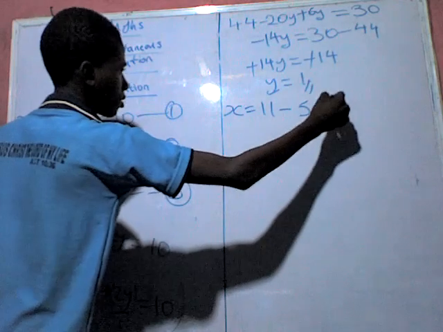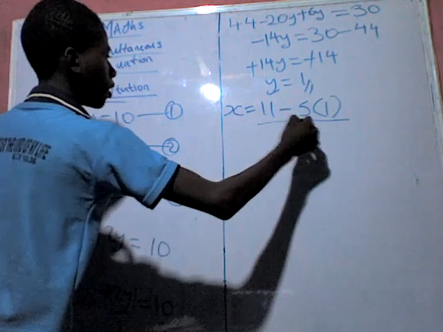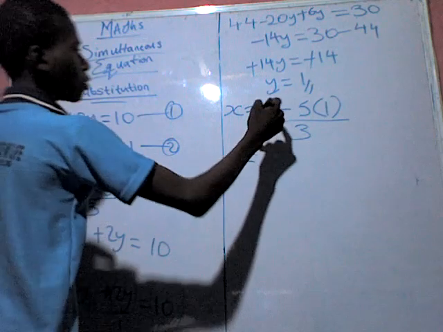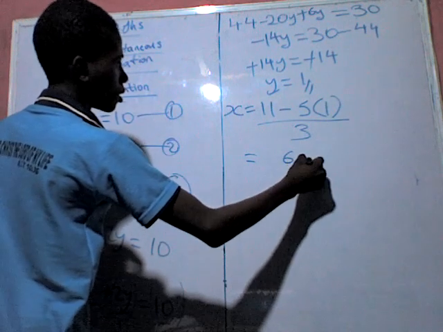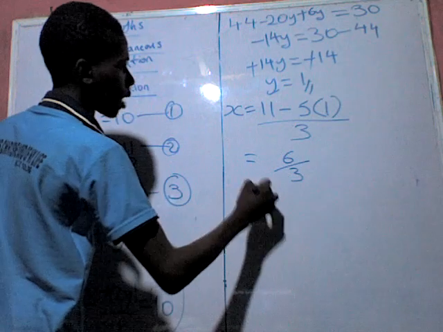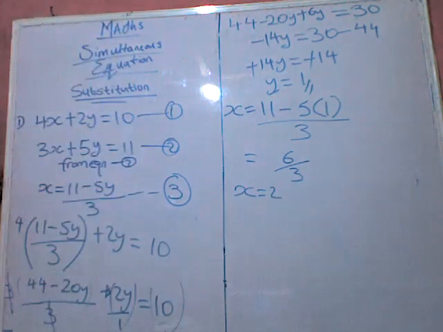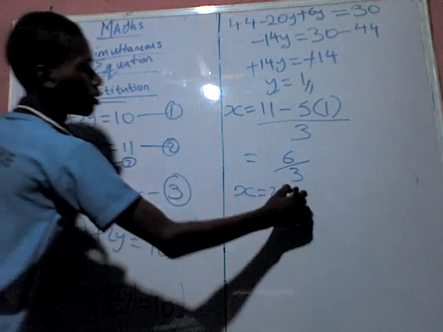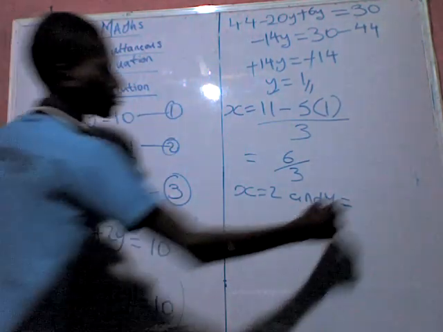So let's put our 1 here, all over 3. So 11 minus 5 times 1 is 6. Then divided by 3, we have our x as 2. So our x is 2, and y is 1.